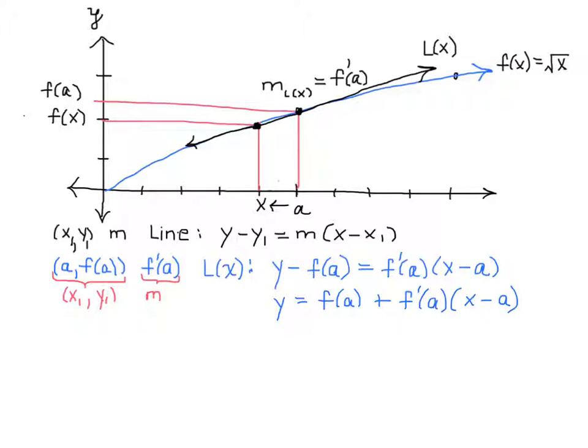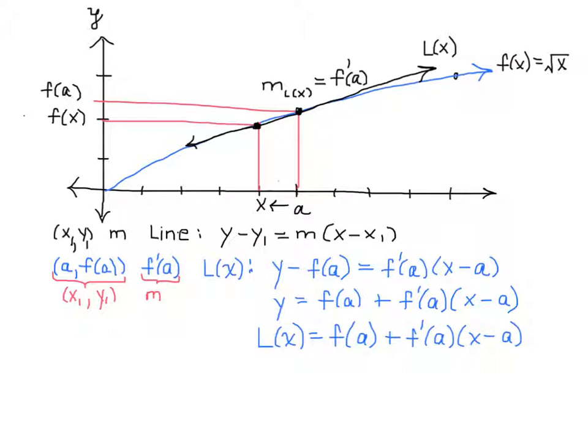Now here, y is the equation for this secant line, which is, of course, L of x. So y is L of x, which is equal to f of a plus f prime of a times x minus a.